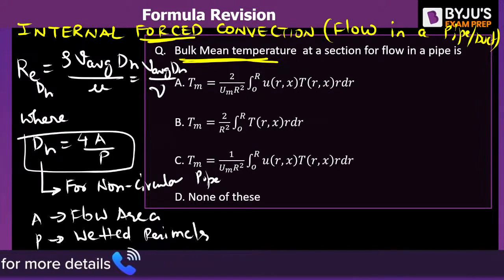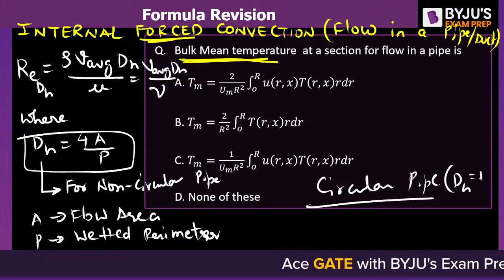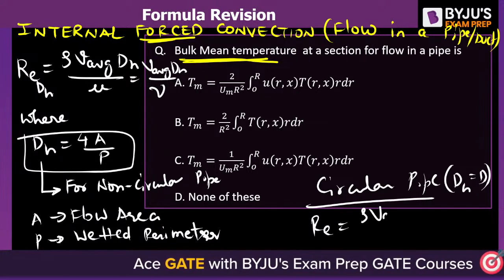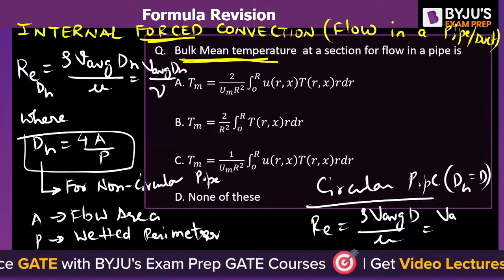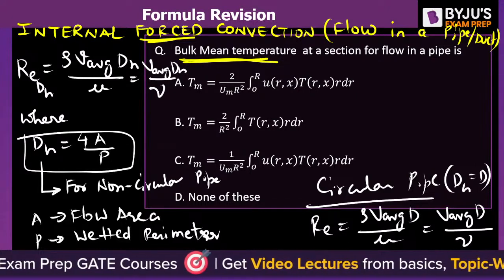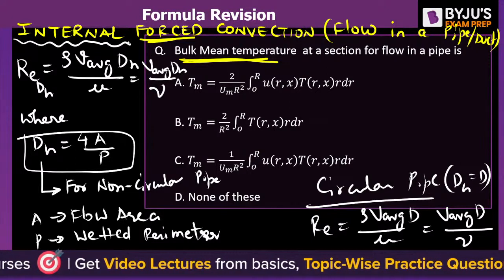And if the pipe is circular, then for a circular pipe, DH will be equal to D, the actual diameter. In that case, Reynolds number is rho into average velocity into D by mu, or V average into D by kinematic viscosity. That is how we define the Reynolds number for internal forced convection.